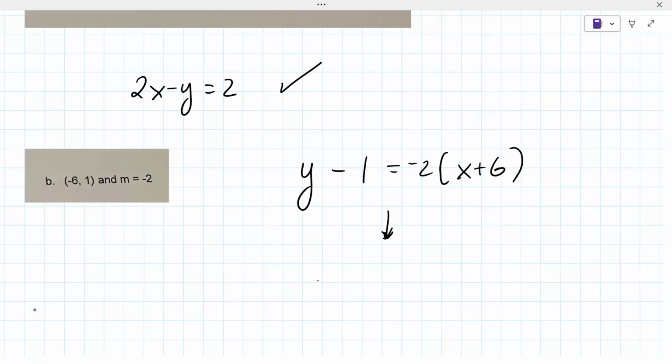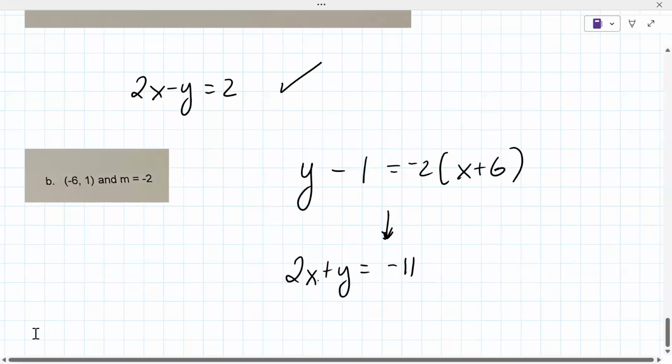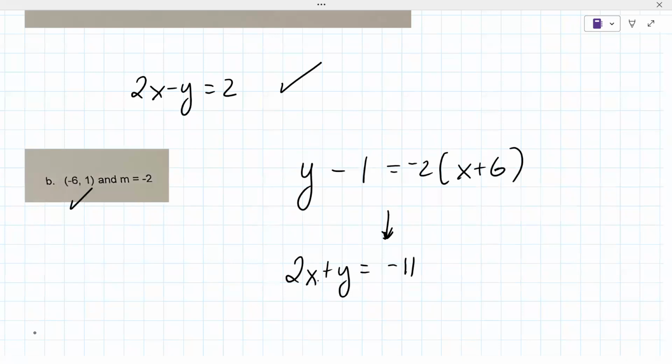So I got 2x plus y equals -11. Yes, so it definitely works with the point.